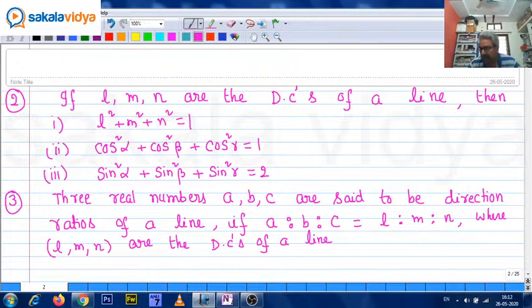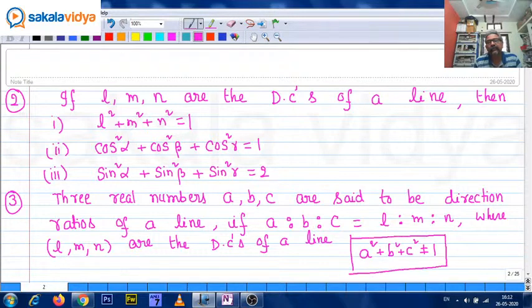So one more thing here, A square plus B square plus C square does not equal 1. You must remember, this is a very important thing. Not equal to 0, and not equal to 1 also.